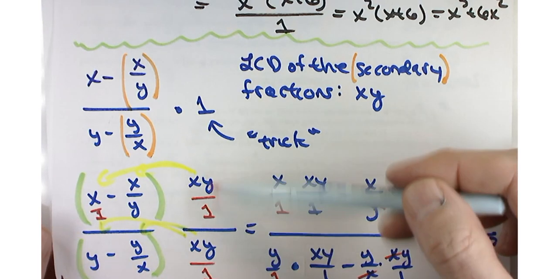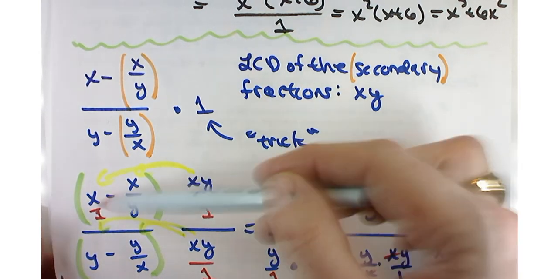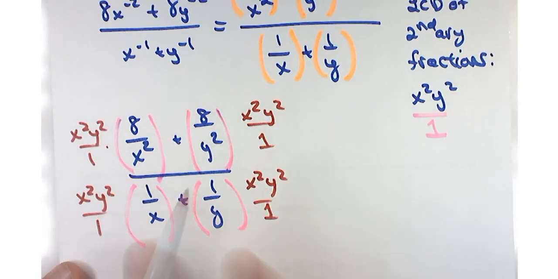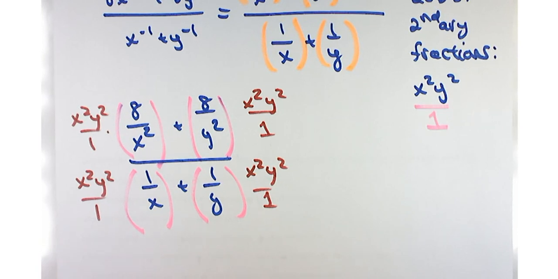I just didn't take the time to do this step where we're distributing this to both terms. But that's the net effect, that you're multiplying each of the terms in the numerator and each of the terms in the denominator by that LCD. When you're done with this step, you should end up with an expression that doesn't have any secondary fractions. You should be getting rid of all those.